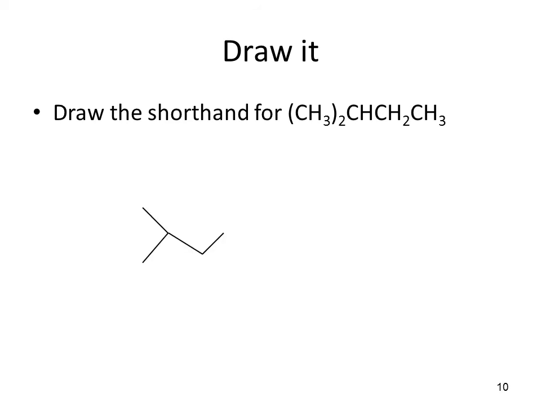In drawing the shorthand for this, I first can see that there are two carbons attached to another carbon. So I would draw the line segment going down to a carbon and then a line segment coming up to a carbon, as I have on the left there.